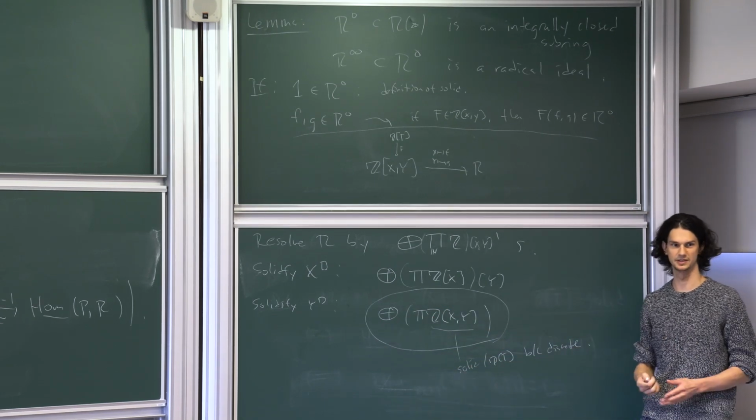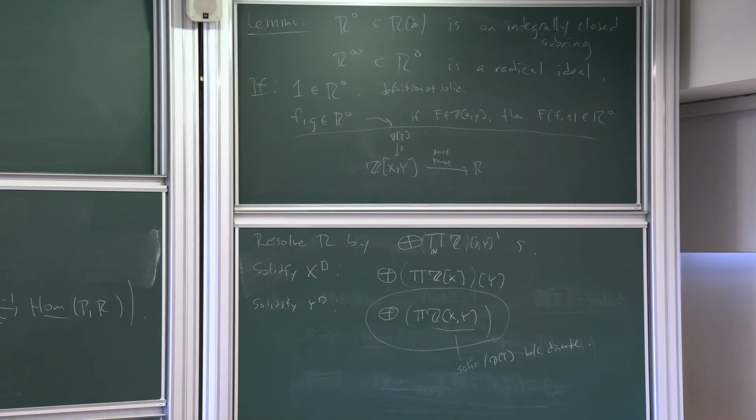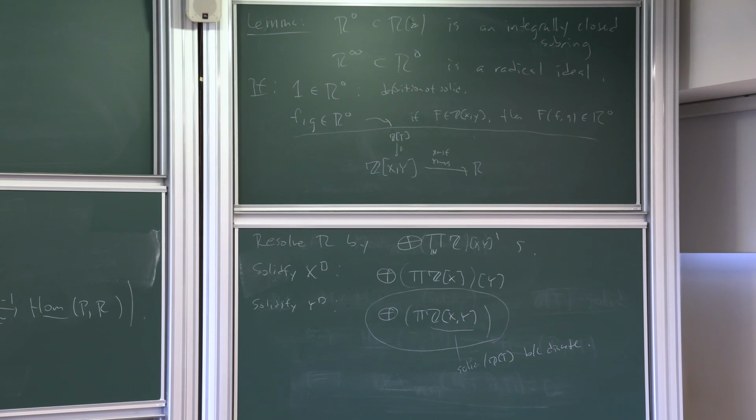So in total, it's solid over Z[T]. Okay? So I didn't directly use the definition of solid. Instead, I used the description of these generators.